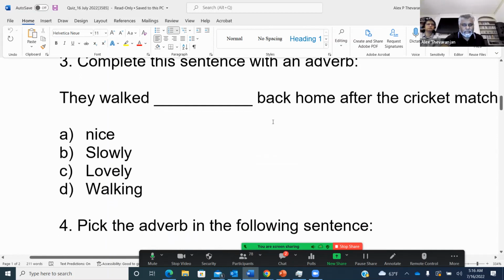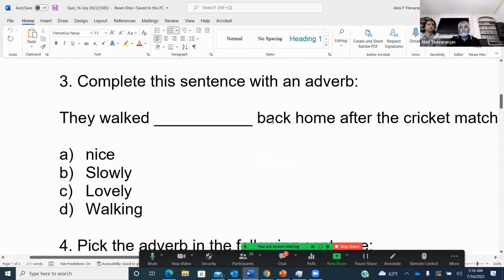Third, complete this sentence with an adverb. Right? Like an adjective, this is an adverb. They walked, what? Nice, slowly, lovely, walking back home after the cricket match. Put it in the chat box.